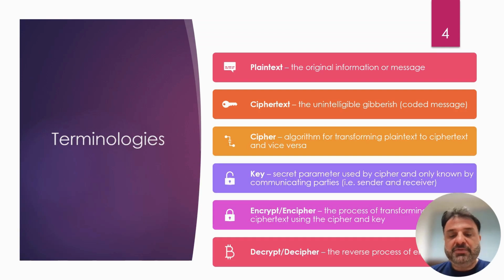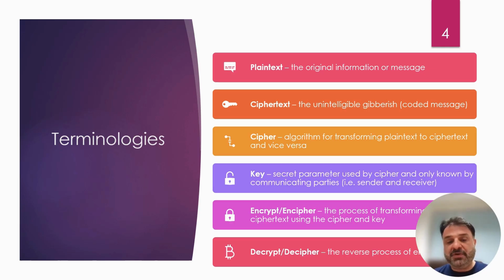Let's talk about the terminology in cryptography. The first things are plain text and ciphertext. Plain text is the original information or original message we want to encrypt, and ciphertext is unintelligible gibberish, or a coded or ciphered message; after encrypting a message we have the ciphertext.